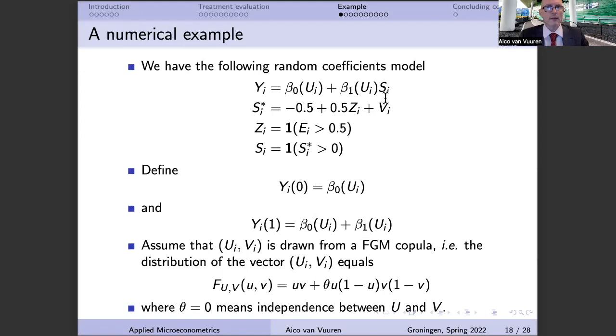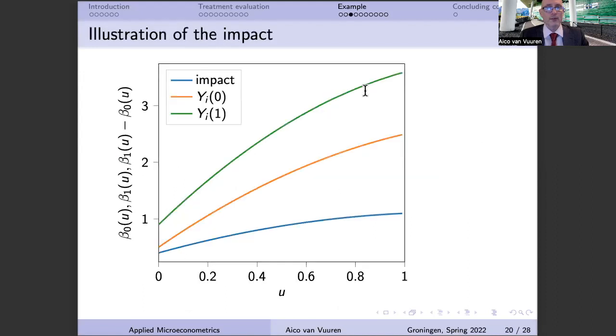So that implies that by definition, individuals who are treated have a very high level of V. But at the moment that there is positive correlation between V and U, that means, of course, that also these individuals are going to have relatively high levels of U. Well, that means in terms of this picture that the individuals who are treated are generally more likely to be here at the right-hand side than here at the left-hand side.